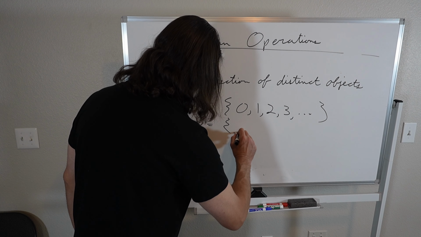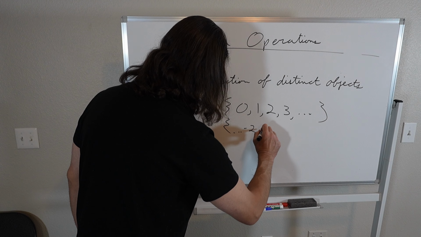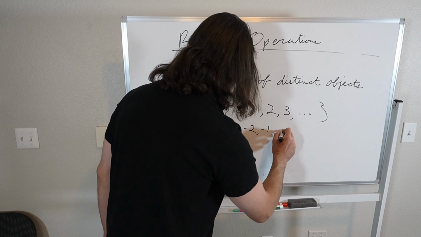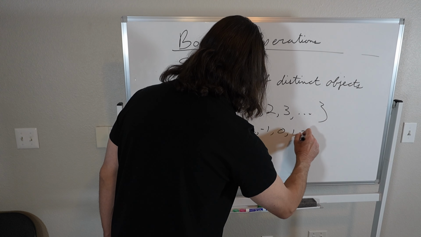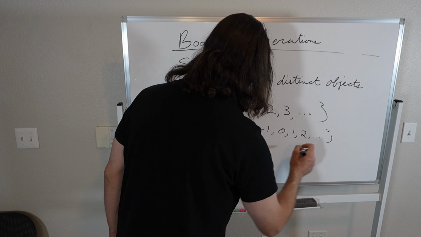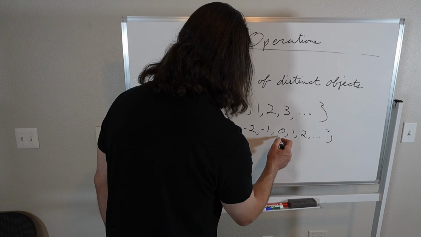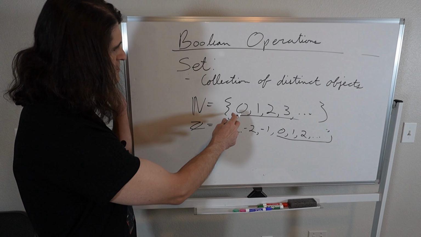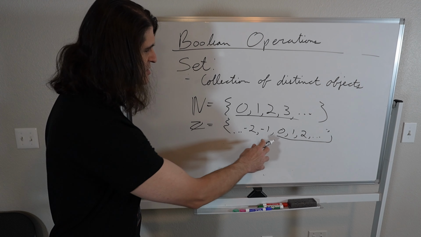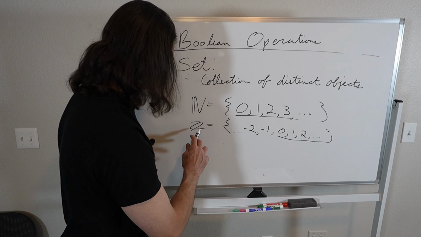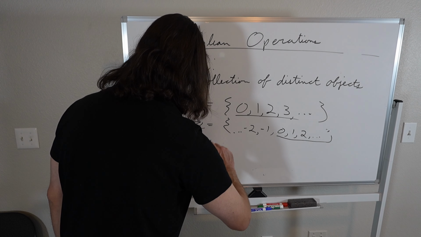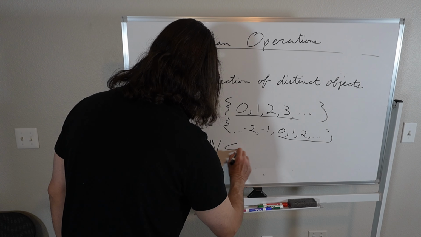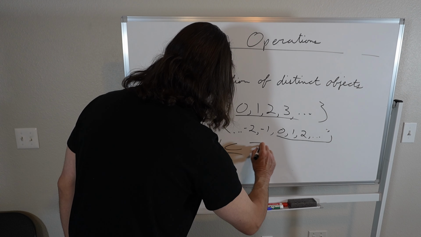So we have -2, -1, and obviously we go all the way back towards -infinity, then 0, 1, 2, and so on. Starting at 0, I basically have my natural numbers. So I can see that every member of the natural numbers is also a member of the integers. So here I can write that the natural numbers are a subset of the integers.